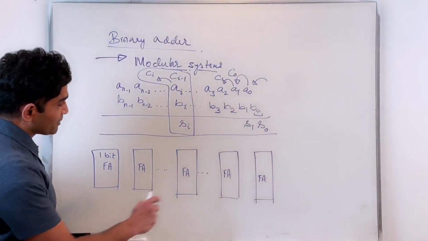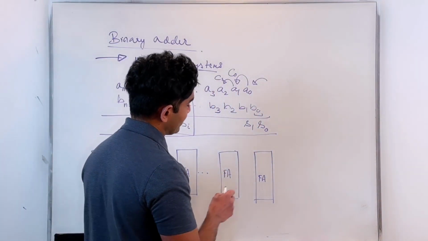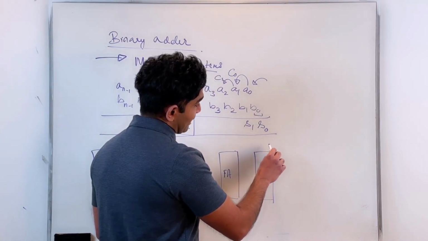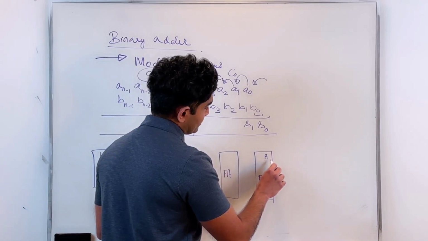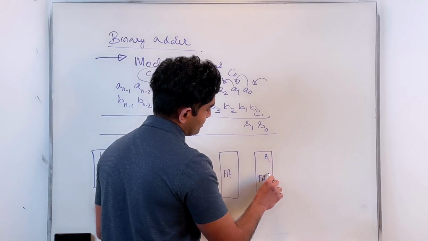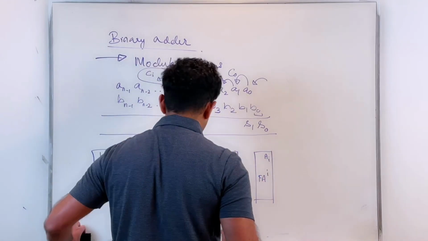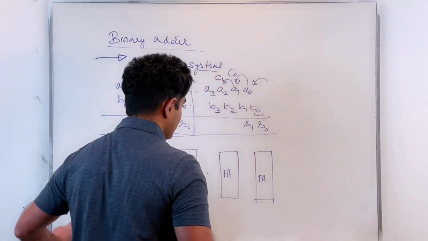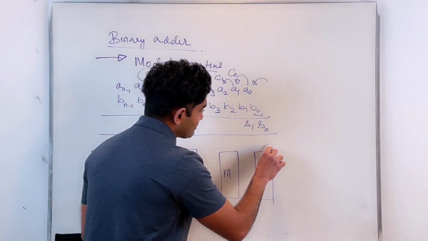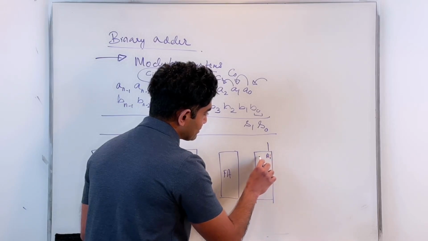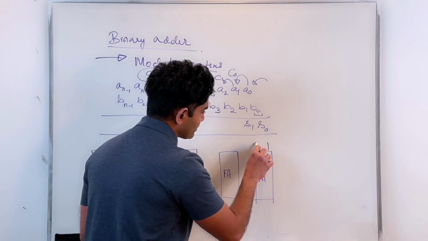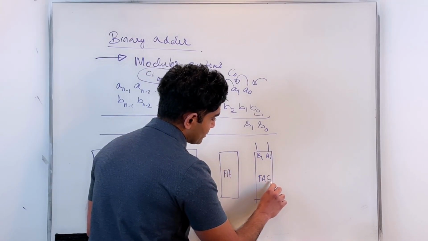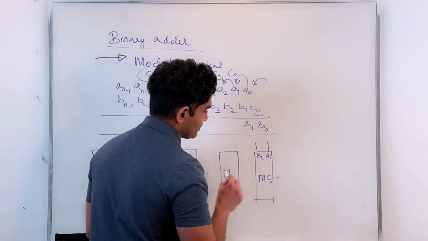Now, what are the inputs for the first one? For each of these modules, I have an input called AI, BI, and CI minus 1 as the input.